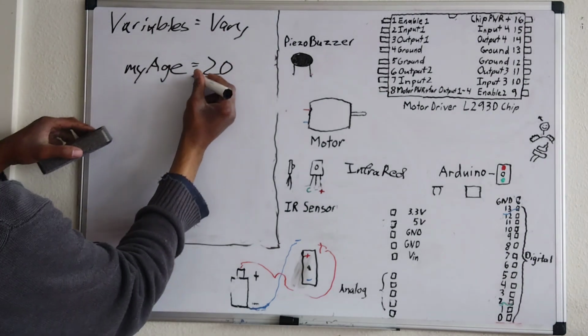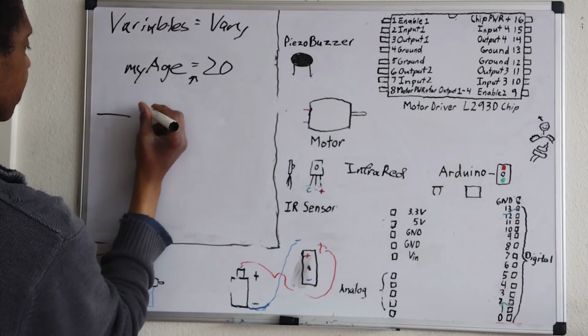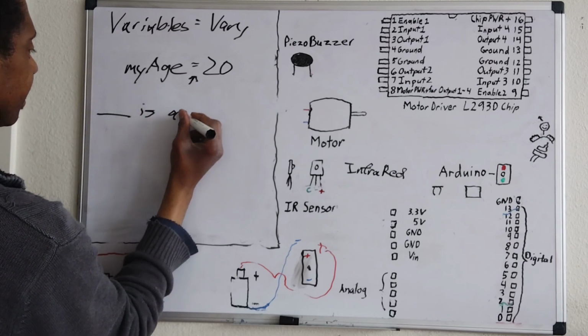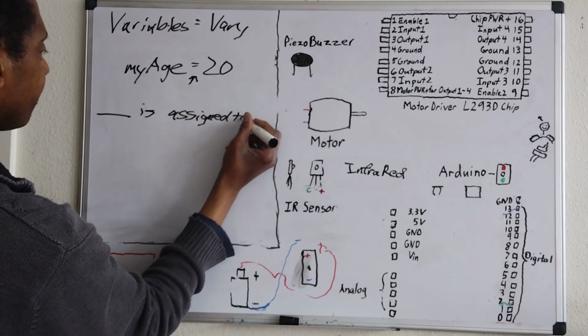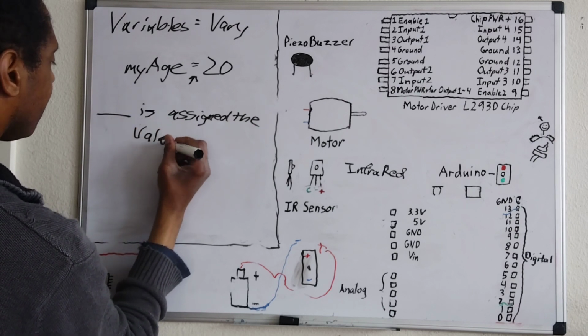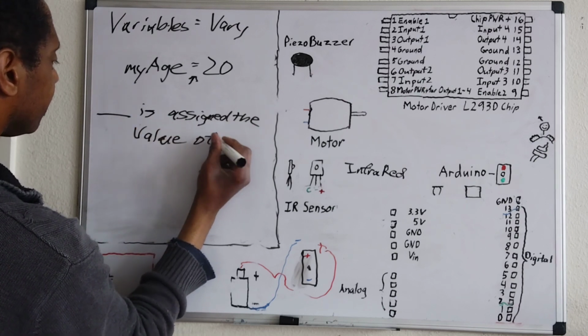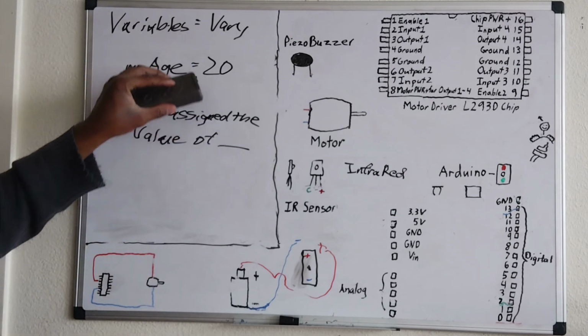Oh, by the way, this is called "is assigned the value of" whatever. My age is assigned the value of 20.